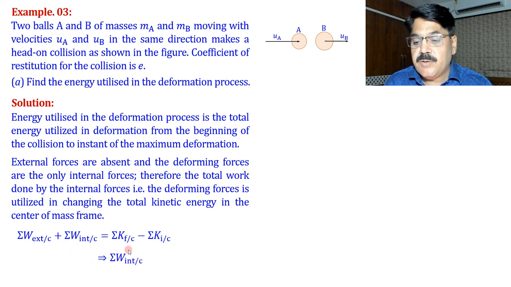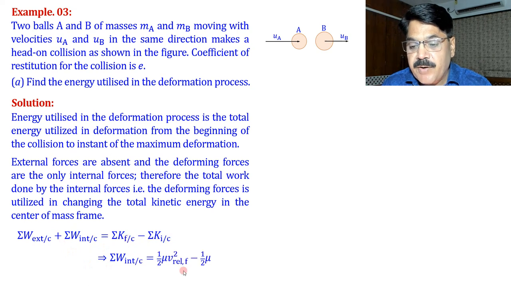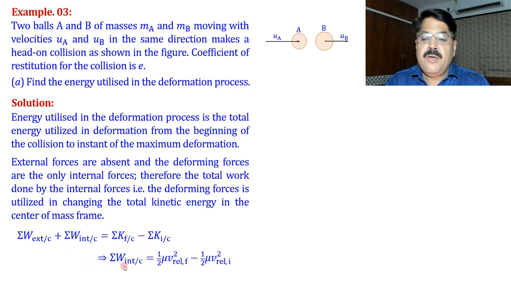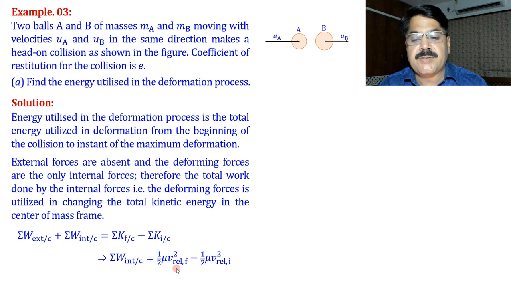So this is summation K final with respect to C minus summation K initial with respect to C. This is half mu V relative final square minus half mu V relative initial square, and we have to calculate this one. We know at the time of maximum deformation V relative is 0, because both the blocks are moving with the same velocity as that of the center of mass.